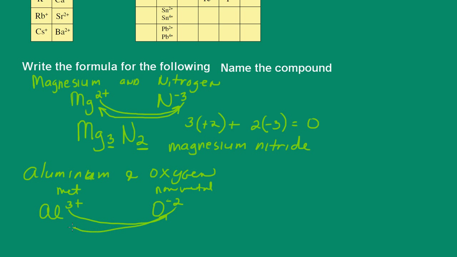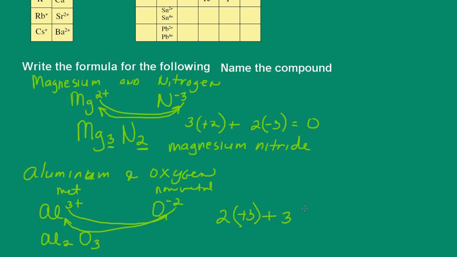Now we need to combine these in such a way that the charge on the compound is neutral. So I'm going to cross these over. I'm going to write aluminum, and then oxygen, and a 3 subscript. And we can check this to make sure that the compound is indeed neutral. We have 2 aluminum atoms, and the charge on each of those ions is a +3.